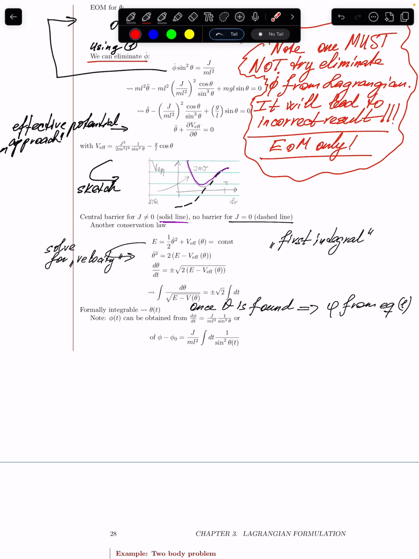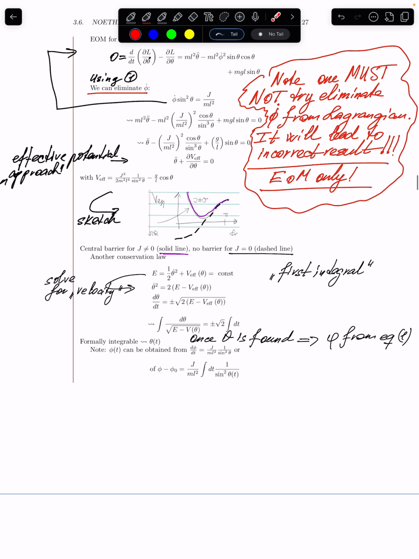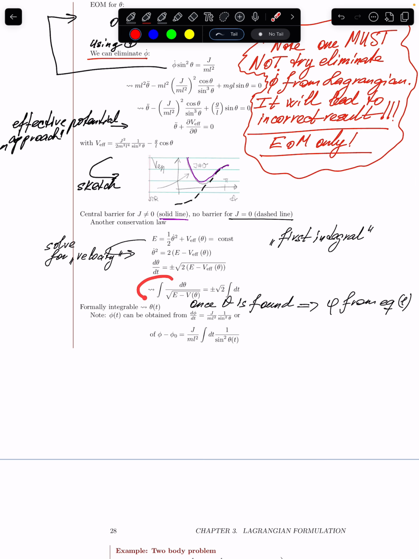So we can formally integrate this equation. It will be pretty complex because V of theta is a very complicated function, given over here, and that one would not be as easy to find the integral of. But formally, this is solvable, so we can formally integrate and obtain theta as a function of time.